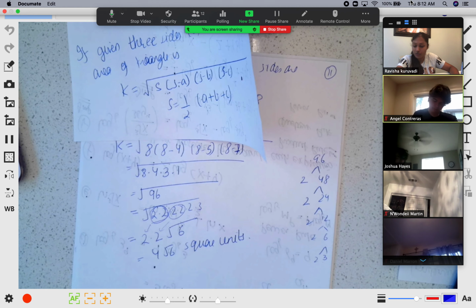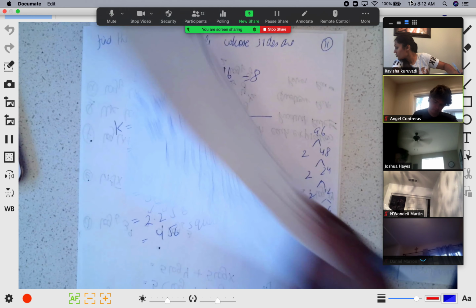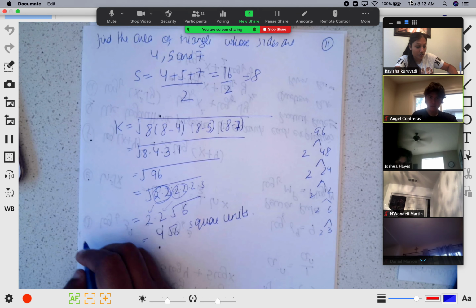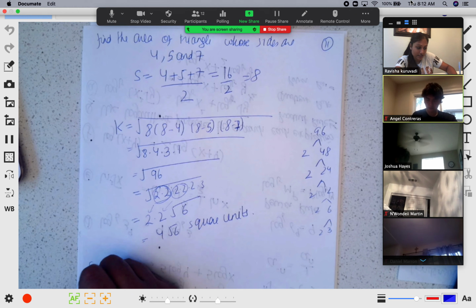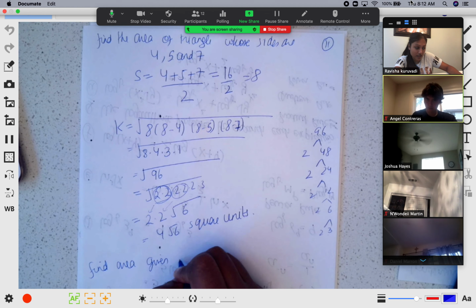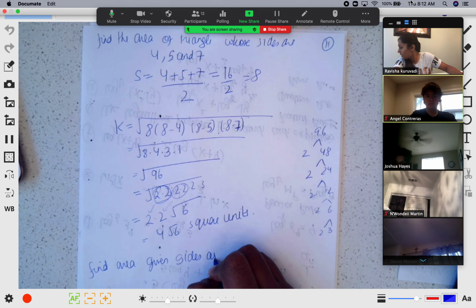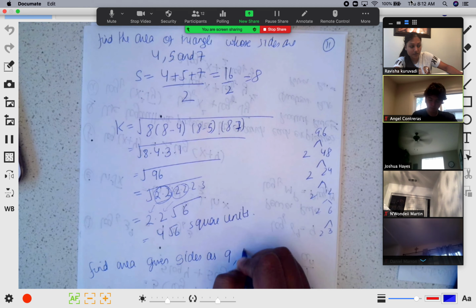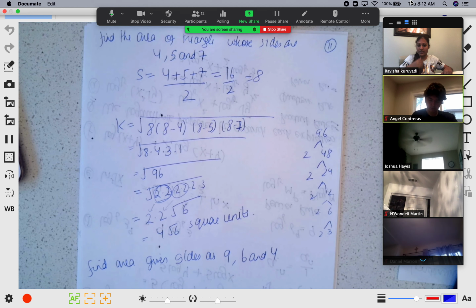Once you are done, I want you to try this problem right now. Find the area given sides 9, 6 and 4. You need to find the area. Do it right now. It's the same way we did it. And once we do this, we are done with chapter 8.